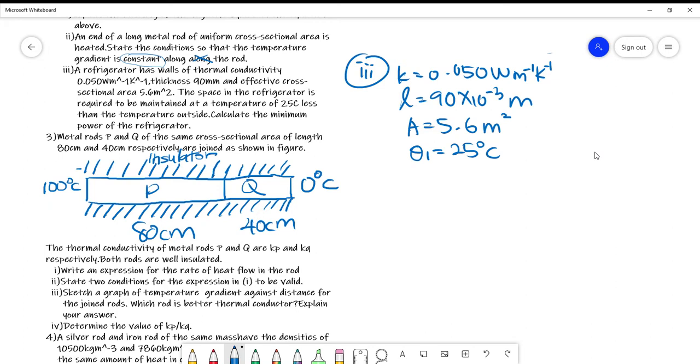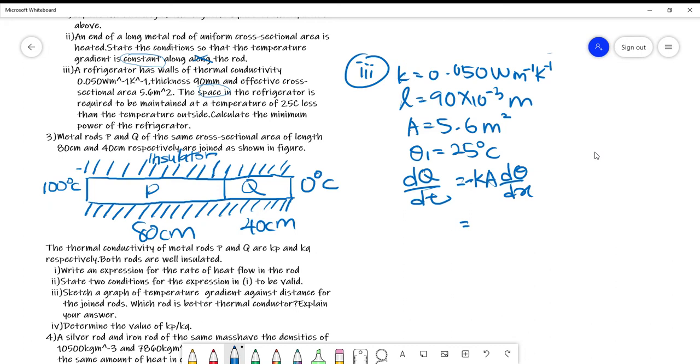So what we have here is dQ over dt, which is negative K A d theta over dx, and the temperature difference is 25.